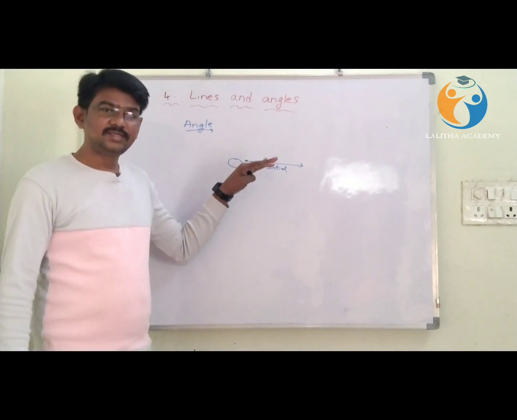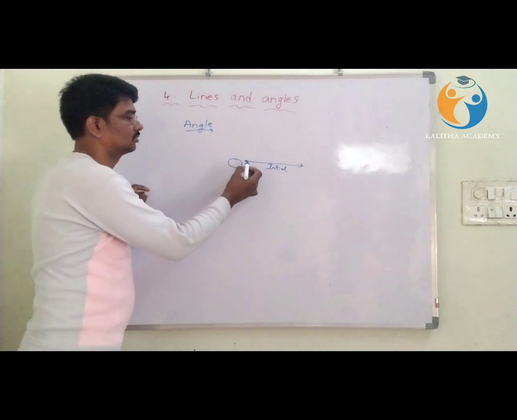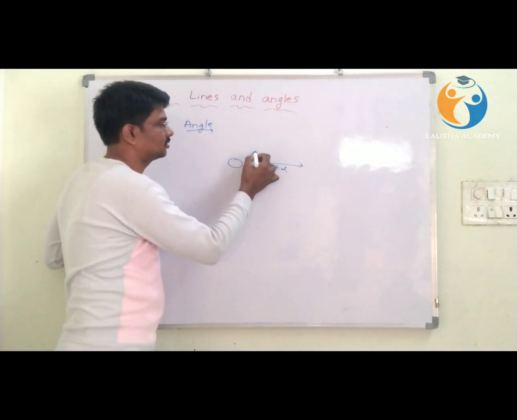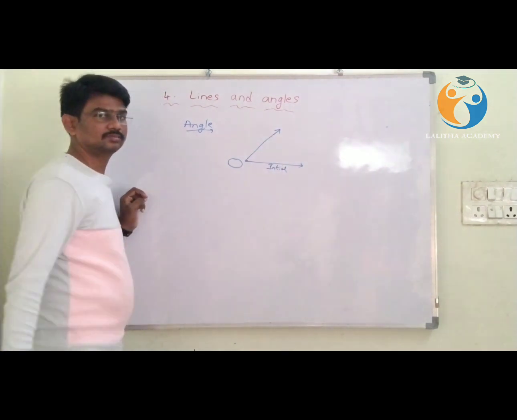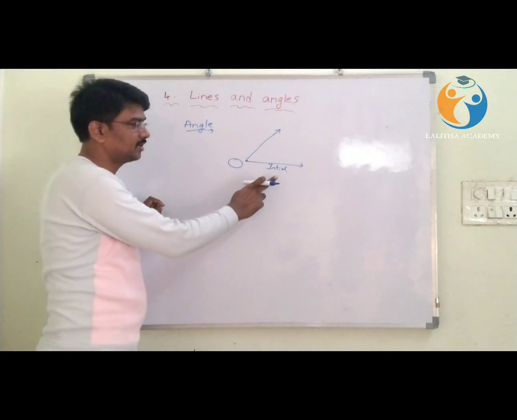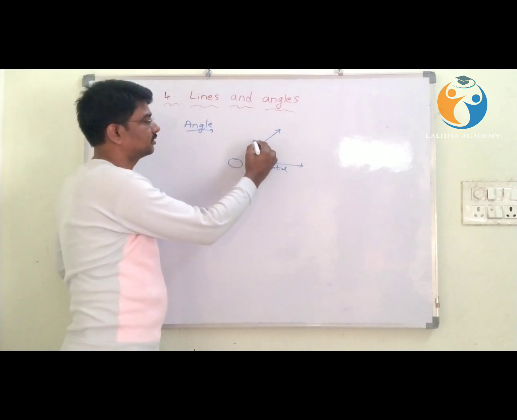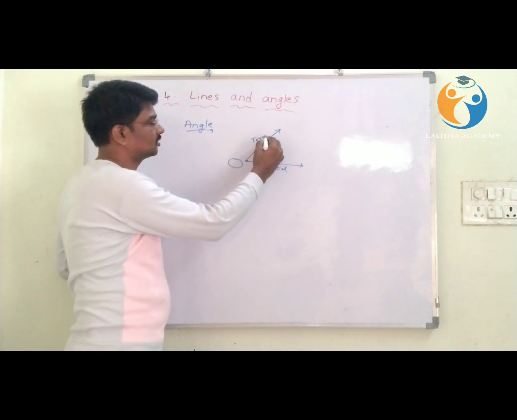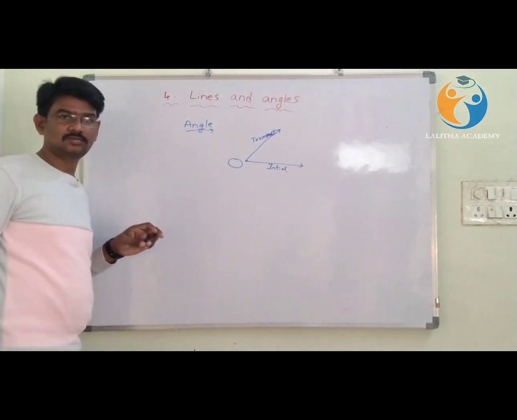So this ray started moving. Suppose after some time this ray has moved to here. This is called the initial position. It means first where it is. This is called the terminal position.